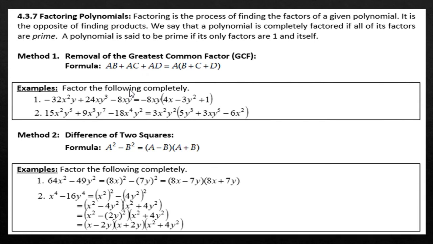Examples. Factor the following completely. Given negative 32x squared y plus 24xy cubed minus 8xy. So, ang kada term diri na ay pareho nga x o y. So, pwede na to siya ma-factor. Ang ilahang GCF sa negative 32, 24 o negative 8 is negative 8.